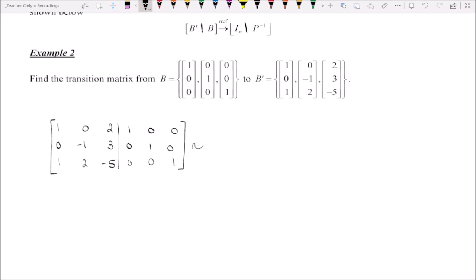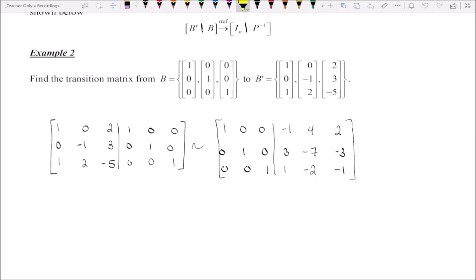Right? Row reducing this, we will get the identity matrix, then augmented with this matrix. Well, it is this matrix right here that forms, or that is, our transition matrix.